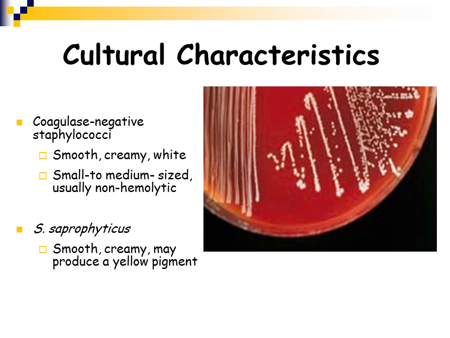Here is coagulase negative staph on a blood agar plate. Like I said, it's more of a white color, very creamy looking, small to medium sized. Usually your CNS, coagulase negative staph, is not hemolytic.